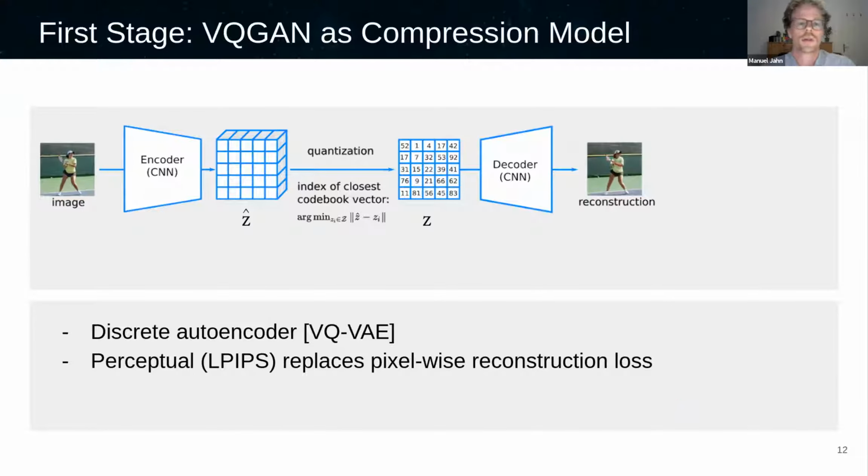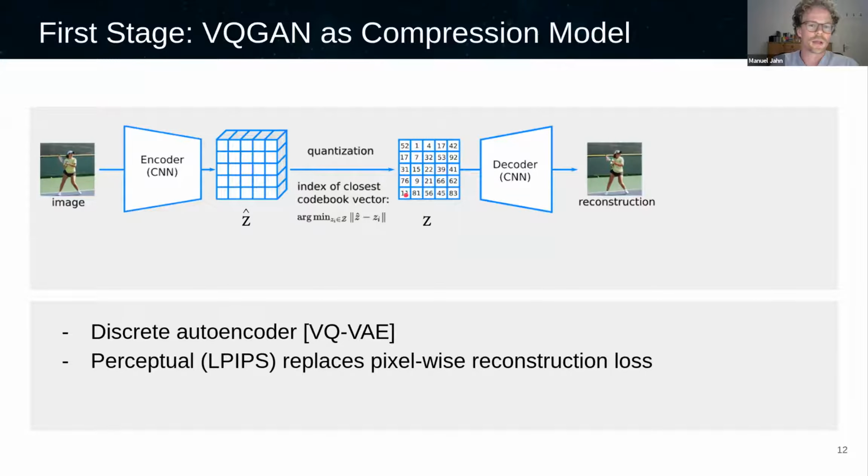The VQGAN model is an extension of the VQVAE, which stands for Vector Quantized Variational Autoencoder. Input images pass through downsampling and convolutional layers in the encoder and reach a latent space Z hat. The following quantization step assigns to every spatial position in Z hat the closest vector of a collection of codebook vectors, which are also learned.